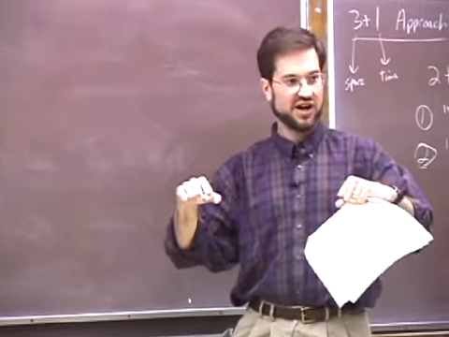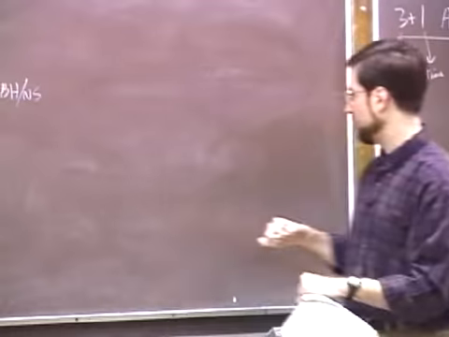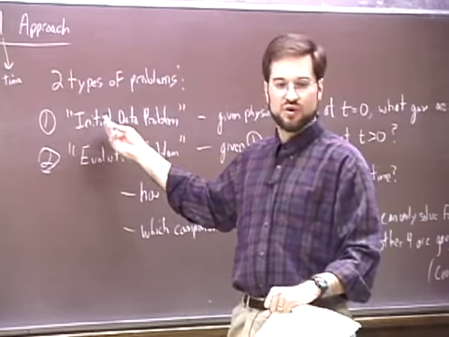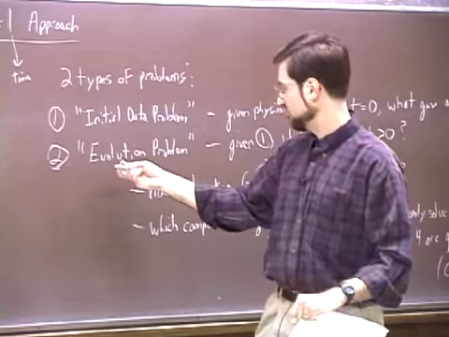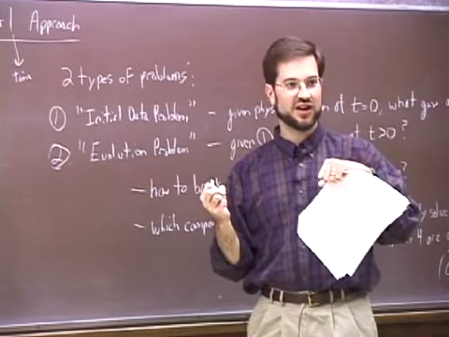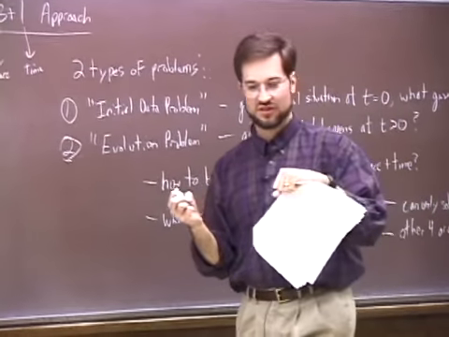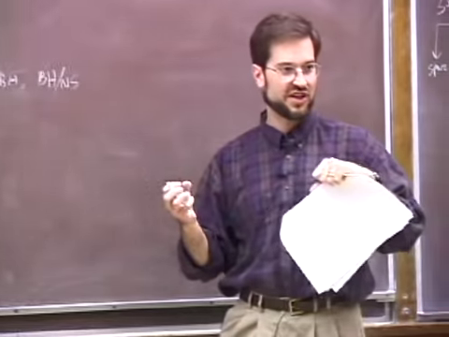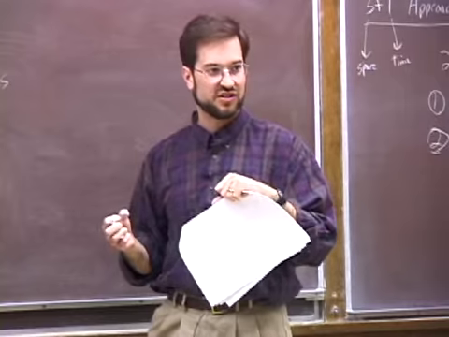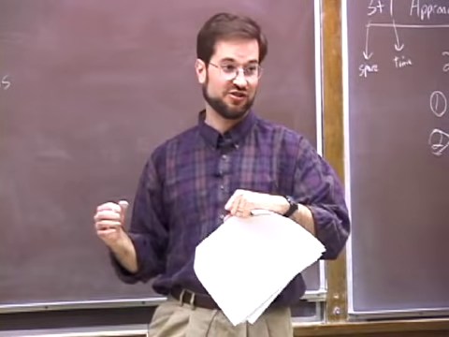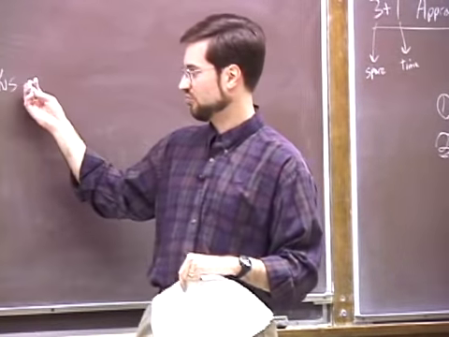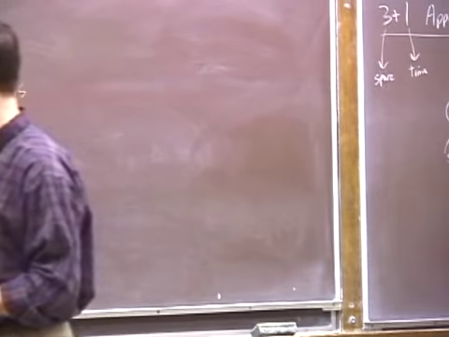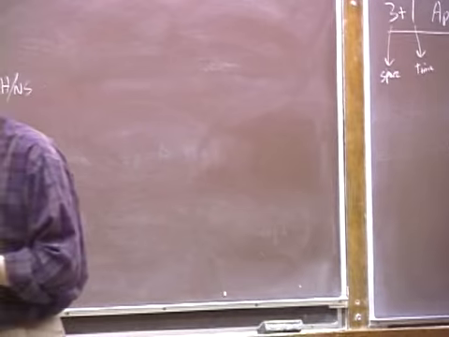You can solve Einstein's equations exactly for the initial data problem, but you don't necessarily get the correct gravitational wave content of the solution. So you have to make various approximations to try to figure out what that gravitational wave content is. If you really want to do the whole problem, you have to take into account radiation. And this really is a steady state solution here. So these sorts of things have been done.